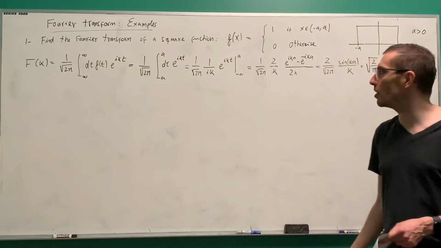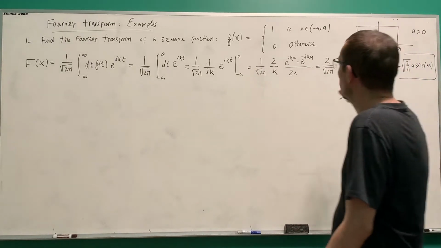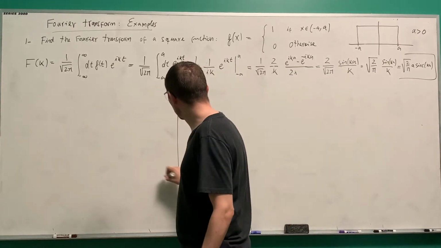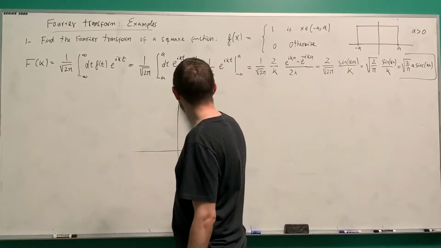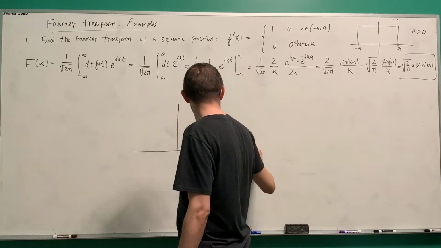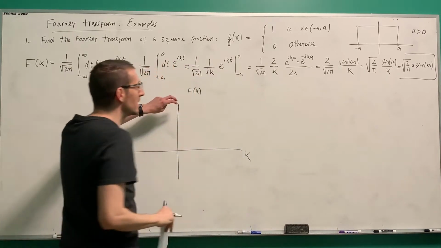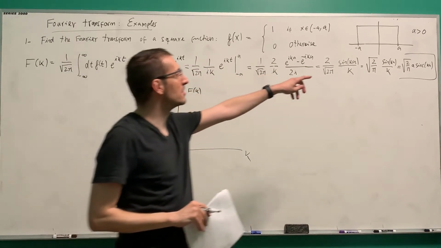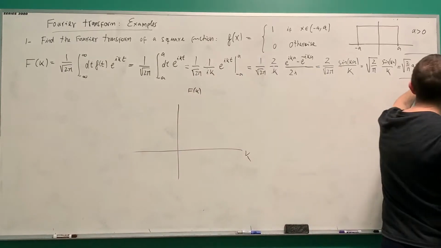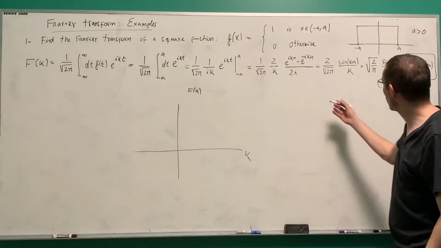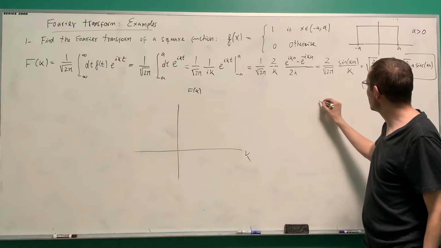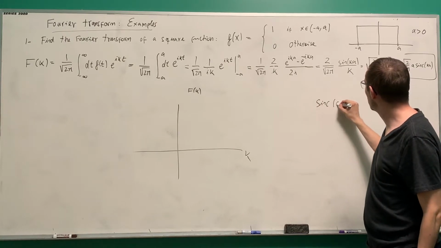Now, if we were to plot it to see what this is in the frequency spectrum, this is f of K, this is K. We get that this thing is maximum: the sinc at 0 is 1. You know that, right? So let's check. What is the sinc of 0?